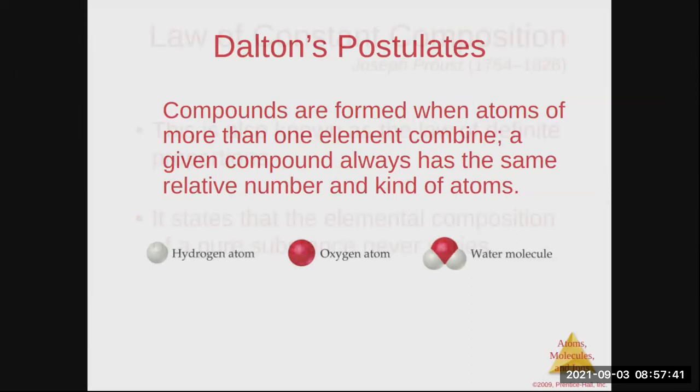So, for example, I'm sure that in your kitchen, you're likely to have a salt, sodium chloride salt. And for sodium chloride, that's the salt that you season your food with. For every sodium unit or atom, there will be one chlorine unit or atom. The ratio of sodium to chlorine in sodium chloride will always be 1 to 1.